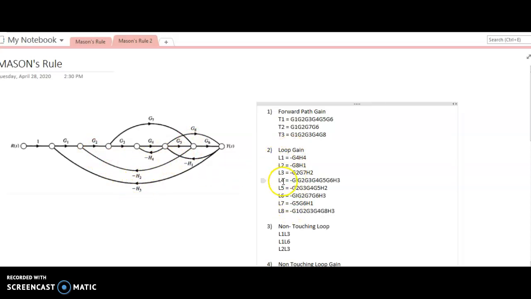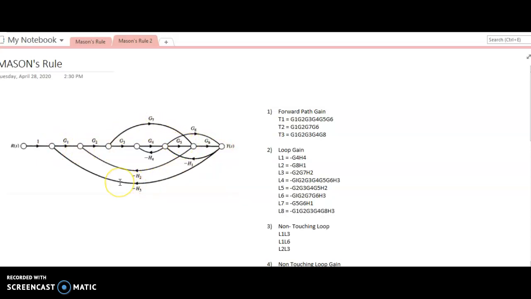And then loop 4 adalah this one: G1, G2, G3, G4, G5, G7, H3. Ada minus. Loop 5, G2, G3, G4, G5, H2. And then loop 6, G1, G2, G7, G6, H3.